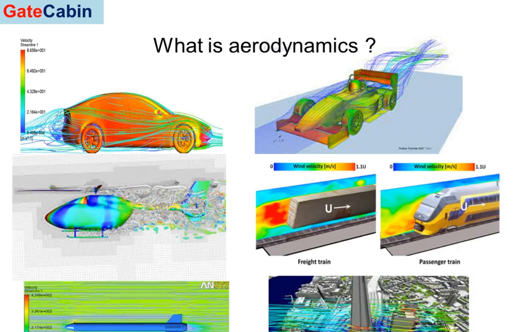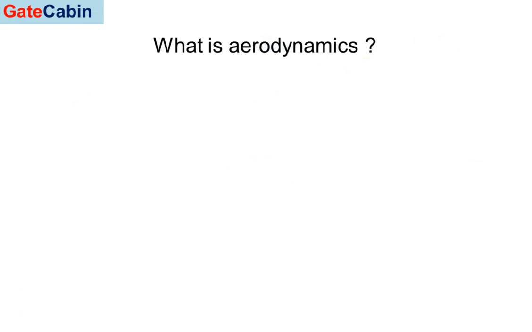It is useful even for trains and for rocket or missile aerodynamics. In building construction also, aerodynamics plays a very important part, especially if the building is very tall. And obviously it is useful for designing objects to respond with better efficiency.